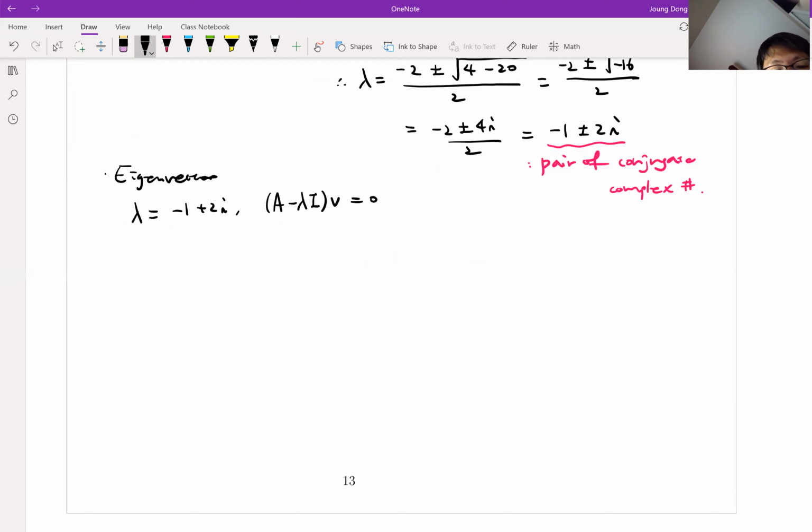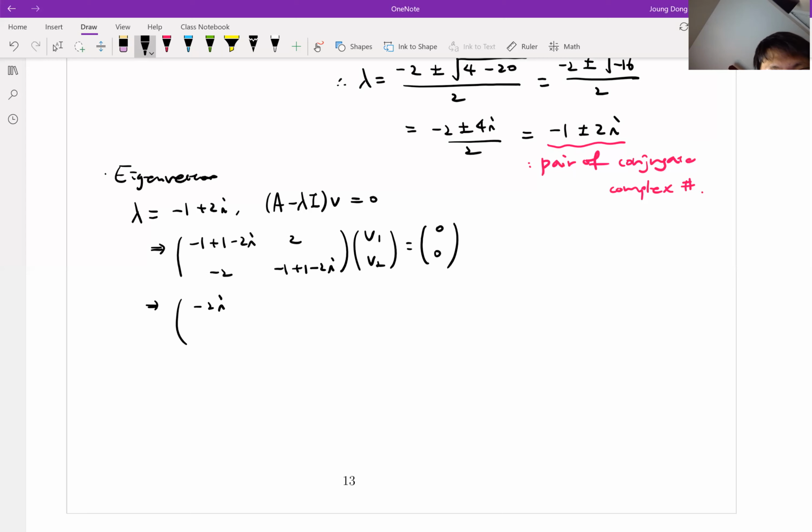Plug in lambda, then A minus lambda I is negative 1 minus (negative 1 plus 2i), 2, negative 2, and negative 1 minus (negative 1 plus 2i). Simplified, it is negative 2i, 2, negative 2, negative 2i, times v1 and v2, equal to 0 and 0.